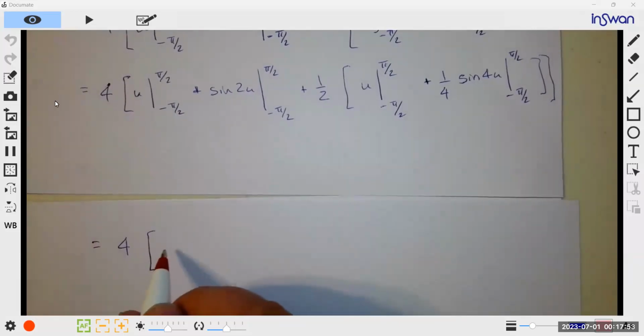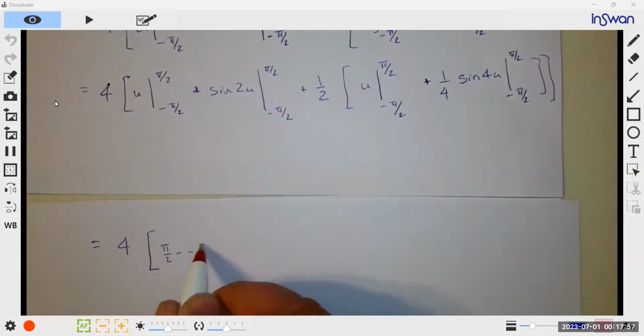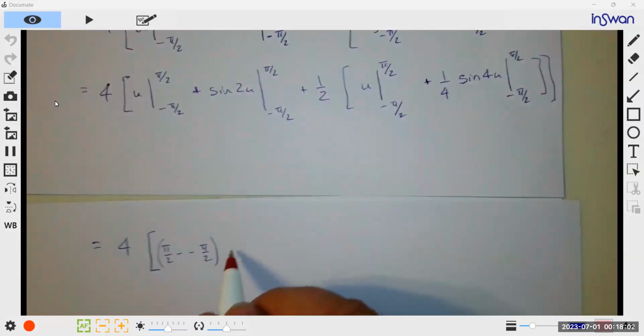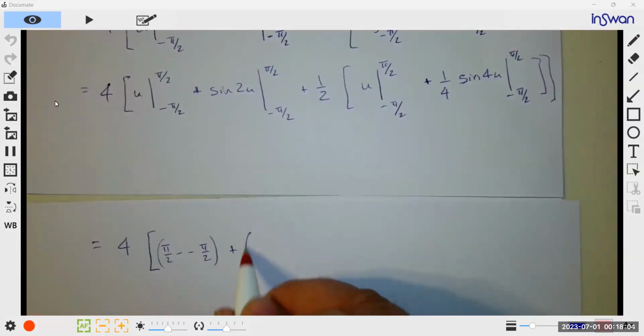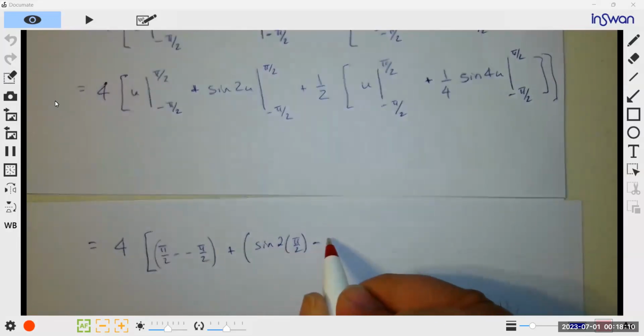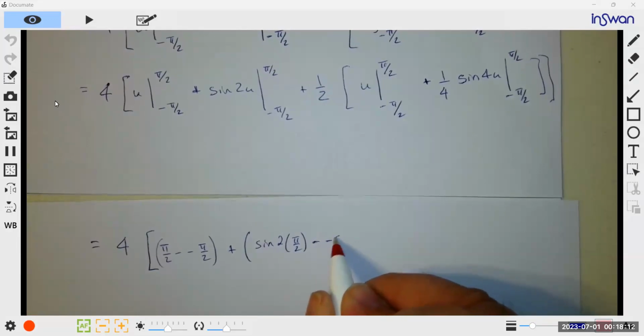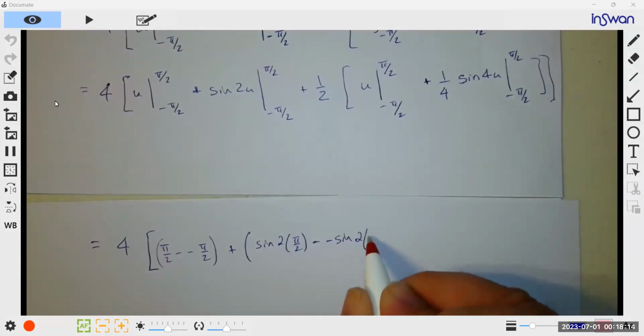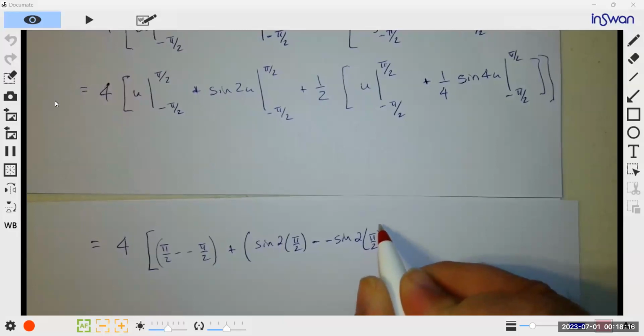Well, this first one, we have pi over 2 minus negative pi over 2 plus sine 2 pi over 2 minus a negative sine 2 pi over 2.